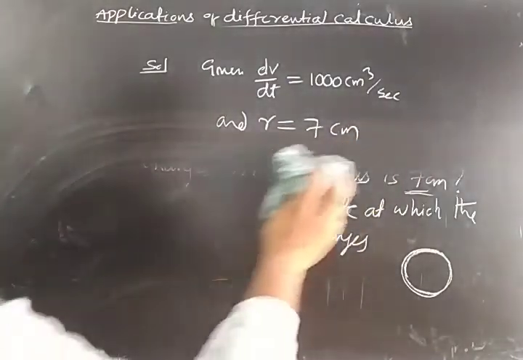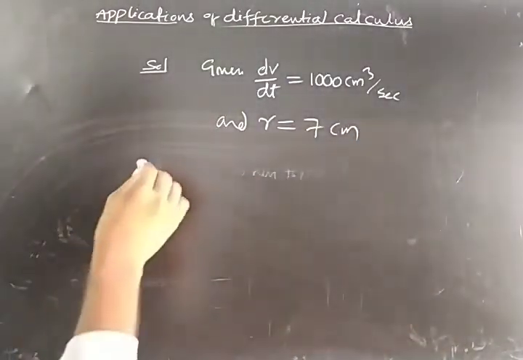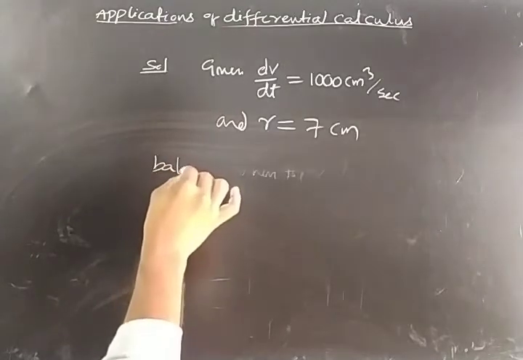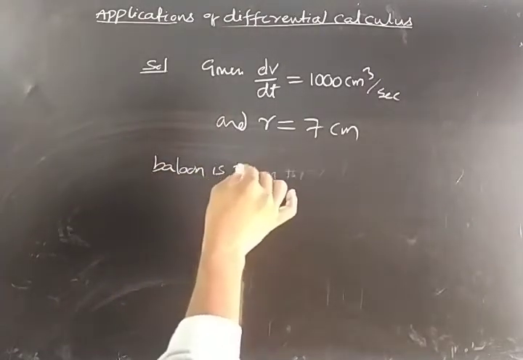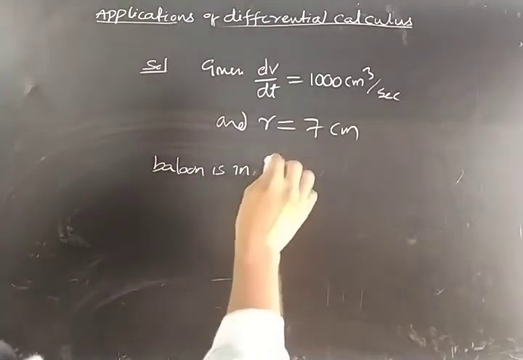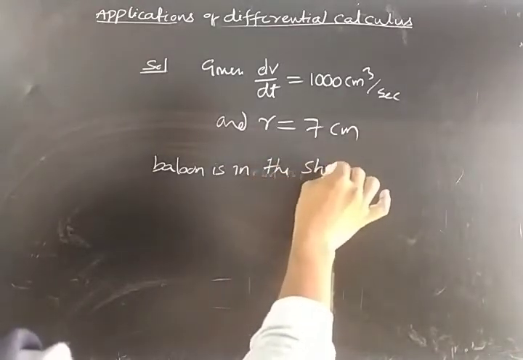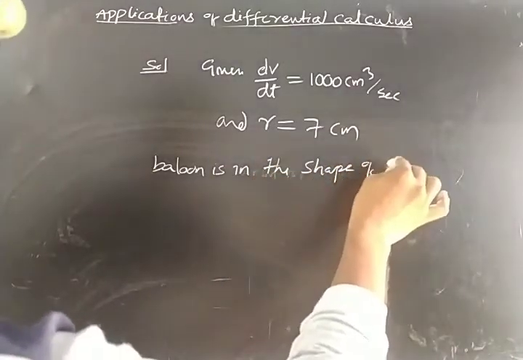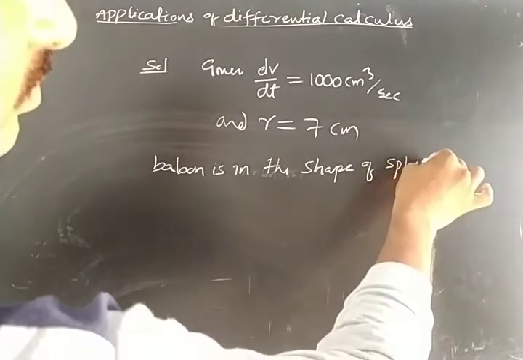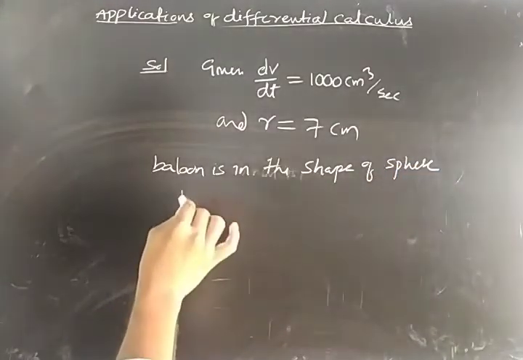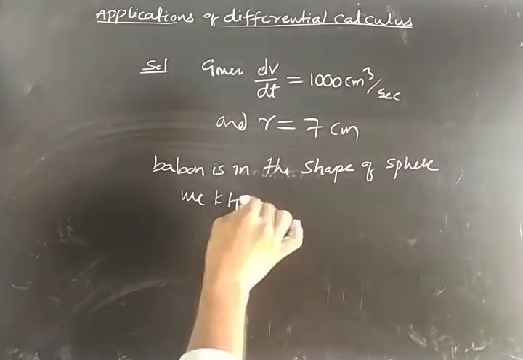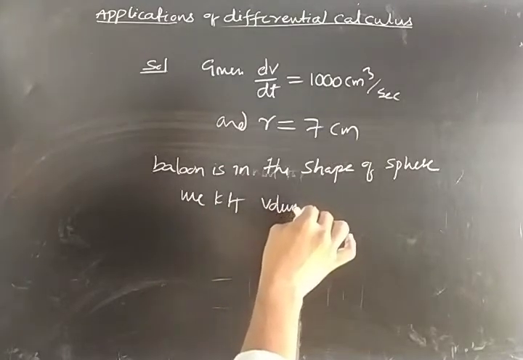So the balloon is in the shape of a sphere. So we know the volume of the balloon.